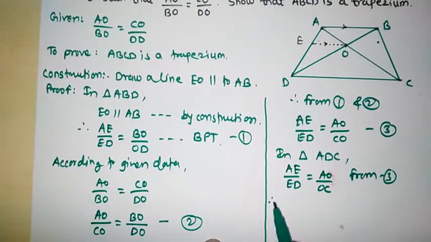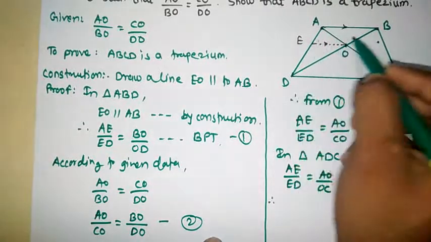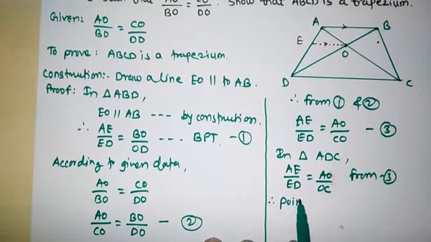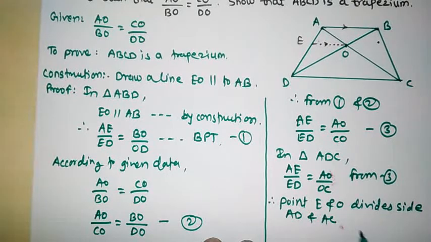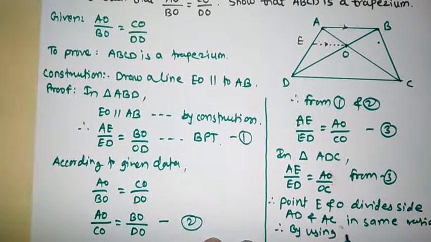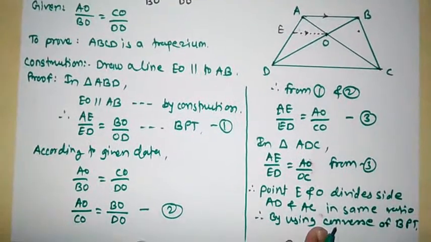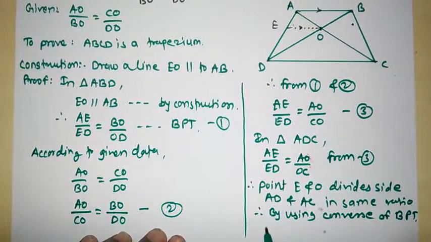Therefore we can say that points E and O divide sides AD and AC in the same ratio. Therefore by using converse of BPT, we can say that EO is parallel to DC.